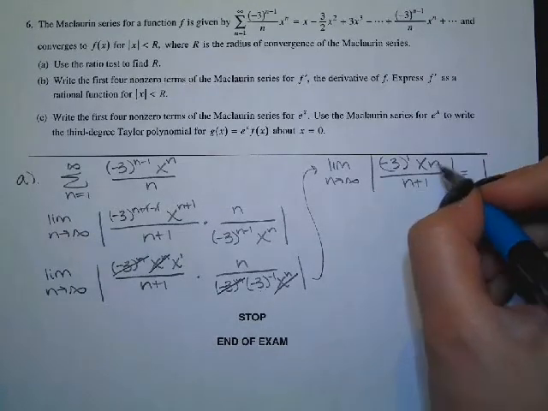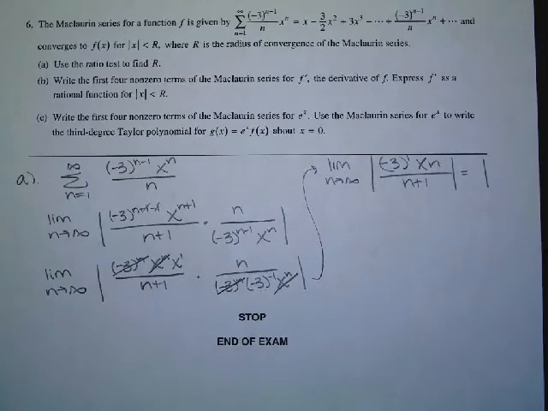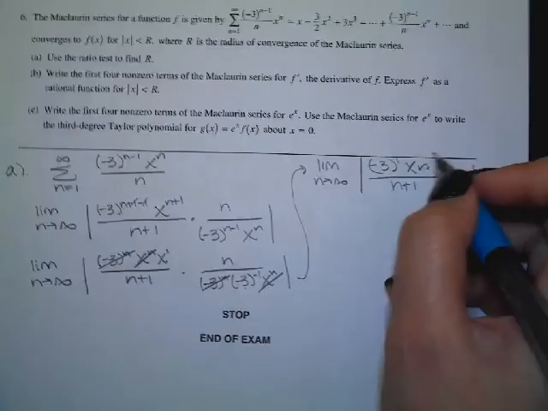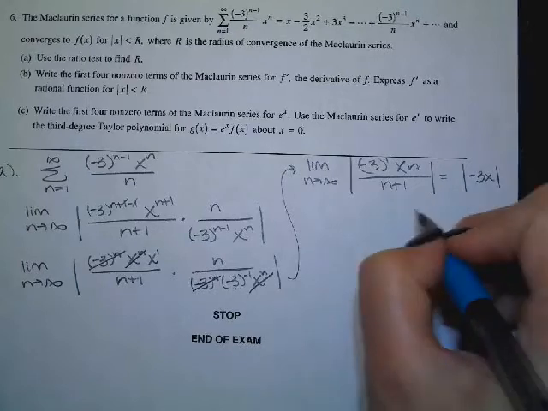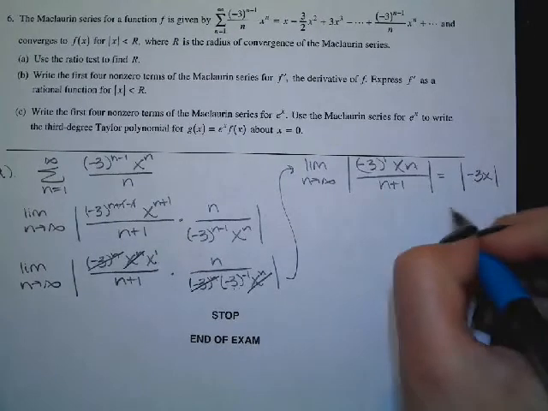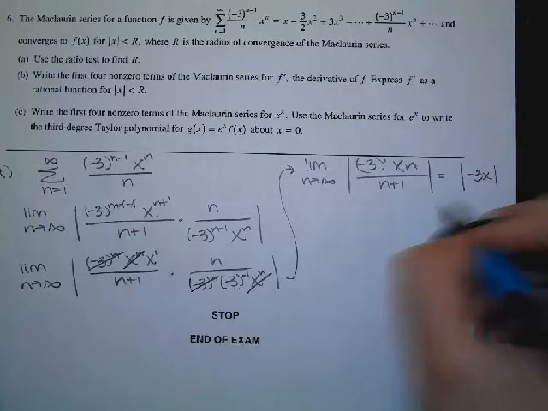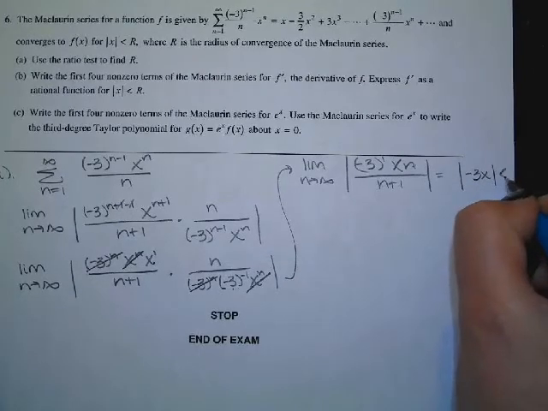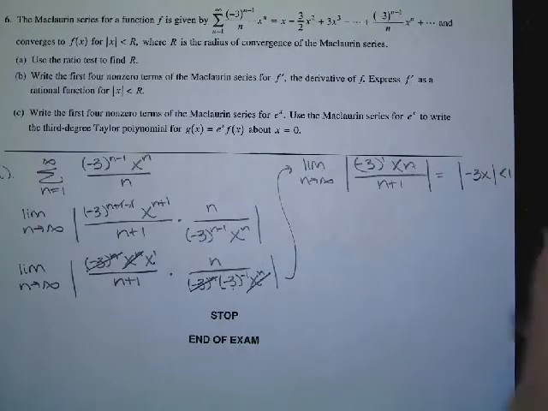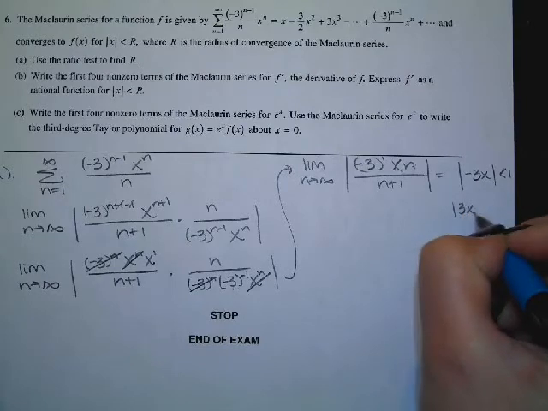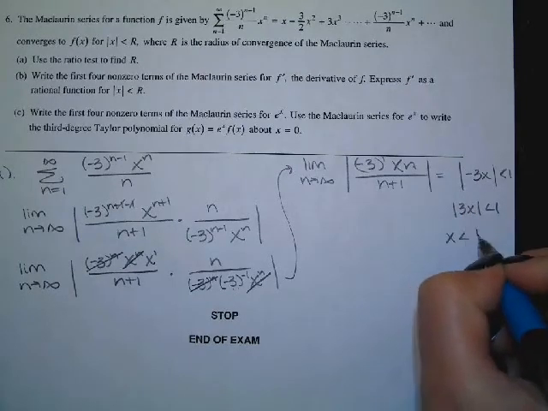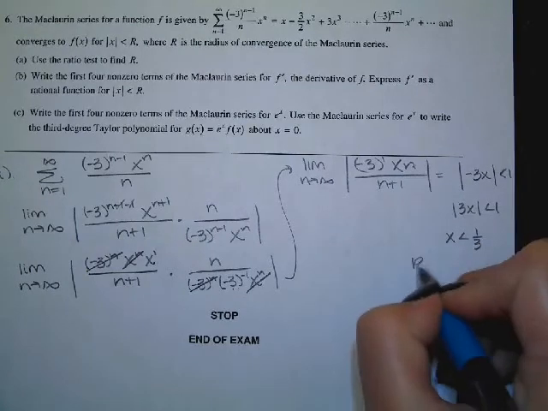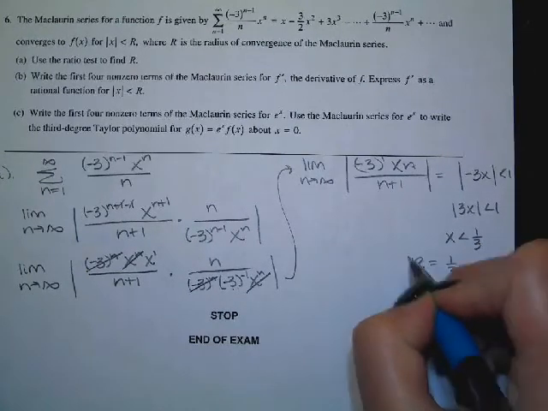If I plug in infinity, this n and this n are basically the same size, cancel out, and so I get the absolute value of -3x, and so that's just 3|x|. So to calculate the radius, we know that this converges if this is less than 1. So I'm going to say the absolute value of 3x is less than 1, divide by 3, |x| is less than 1/3. So the radius of convergence is 1/3.